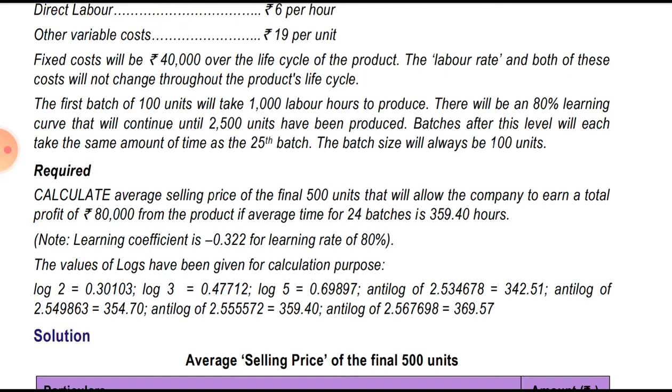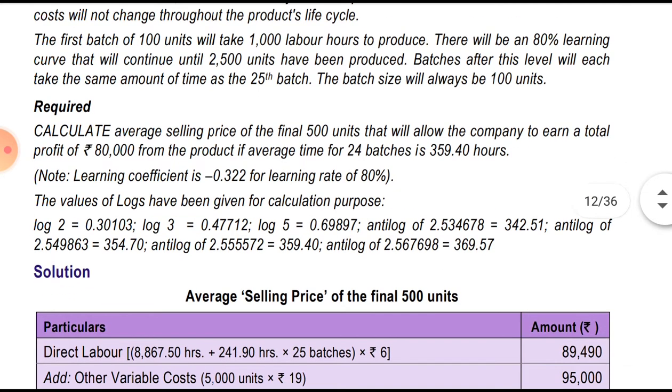So we have to just find out the hours required for the 25th batch and for the 24th batch, and then we will deduct. We will find out the hours required for the 25th batch, and multiply that by 25 for calculating the remaining labor cost. The batch will always be of 100 units.